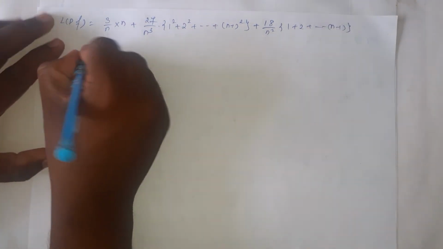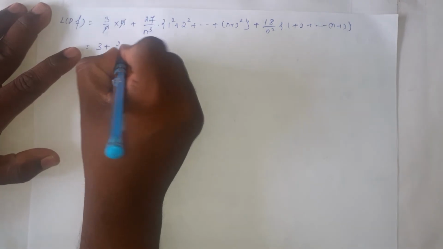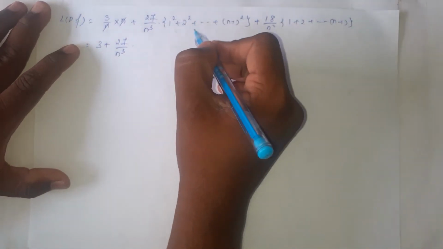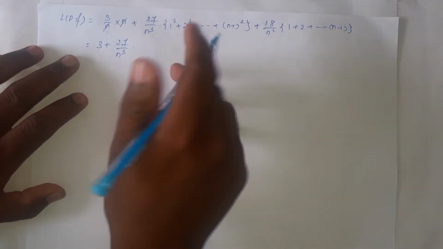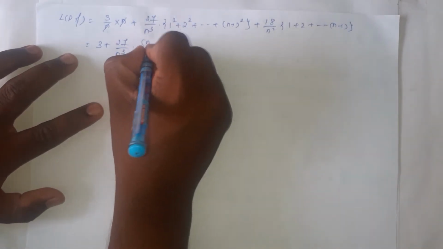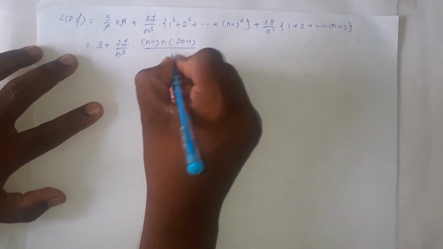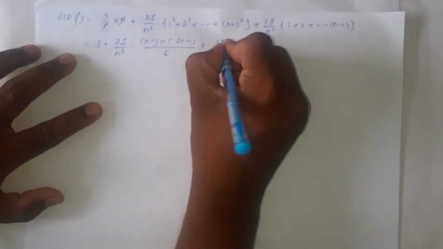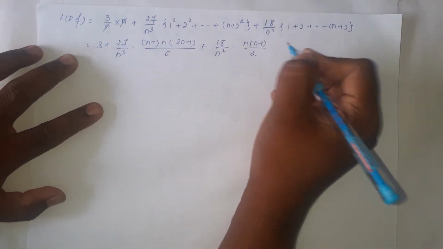Now, this one, here n gets cancelled, it is 3. Now, 27 by n cube into this is the sum of squares of first n natural numbers. So, therefore, this sum becomes (n minus 1) into n into (2n minus 1) divided by 6, plus 18 by n square into (n minus 1) by 2.